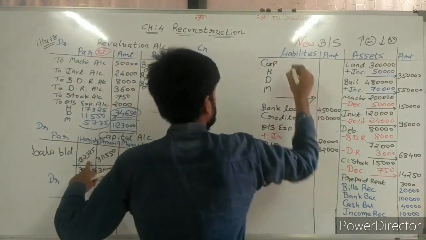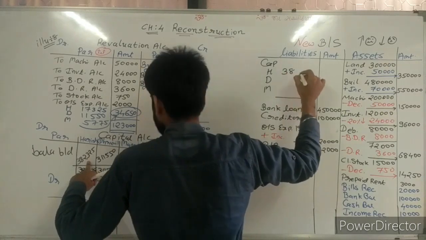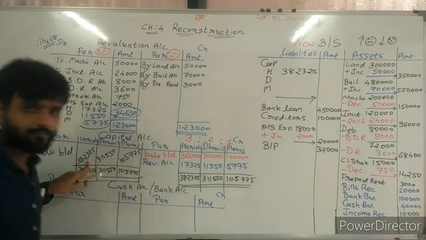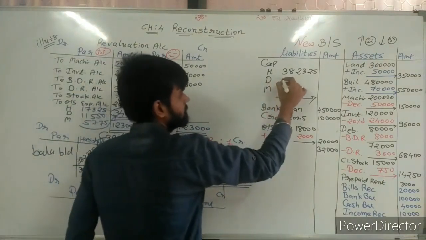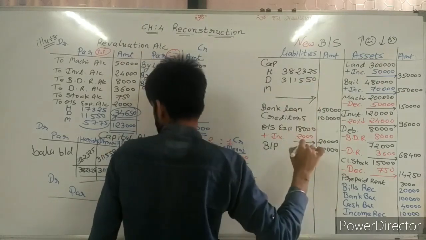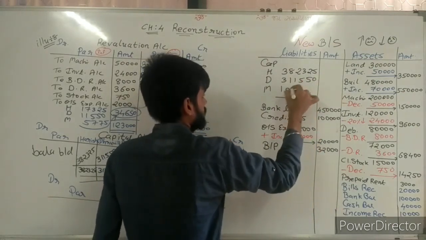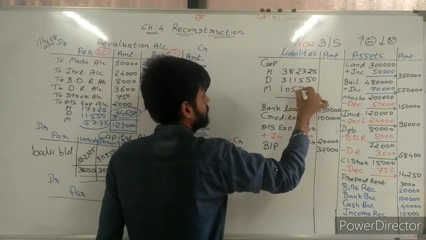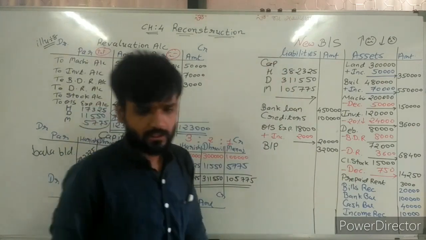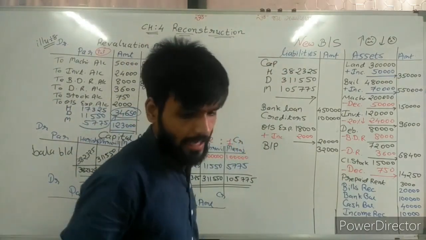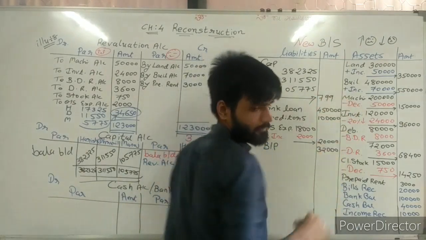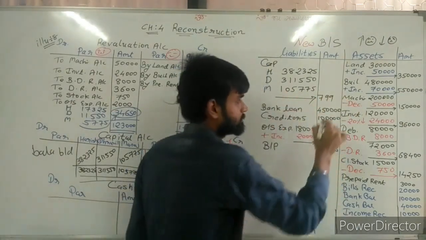First we write 382325, second 311,550 and third one 105,775, and we make the total of these three. We get the answer 799,650.